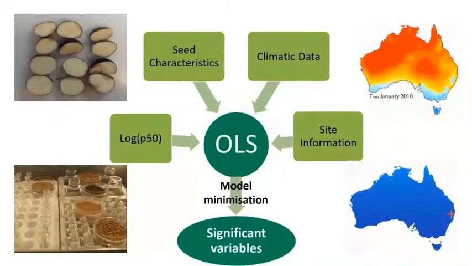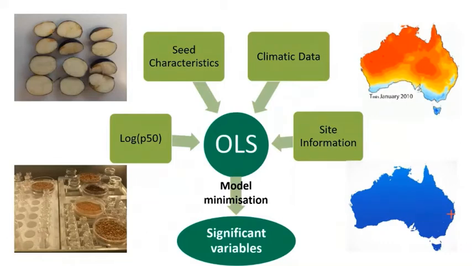To consider the relationship between rainforest seed longevity and seed and habitat characteristics, we first estimated seed viability using artificial aging experiments. From this data, we used a probit analysis to identify P50 values.